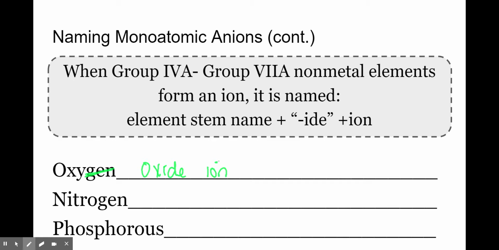The next example is nitrogen. We're going to delete the end, and it's going to be called nitride ion. And our final example is phosphorus. We're going to delete the end, and it's going to be called phosphide ion.